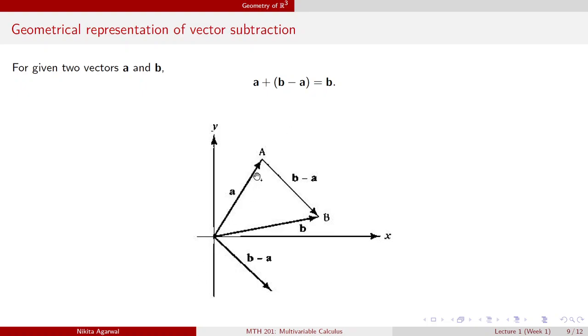One of the sides is already given to you, which is a. This is the diagonal, so you complete the parallelogram. When you complete it, the side which touches the origin is nothing but b minus a, because the sum of a and b minus a should be b.